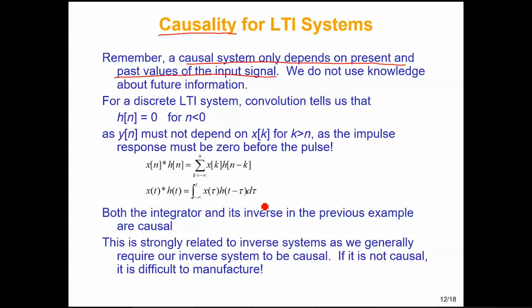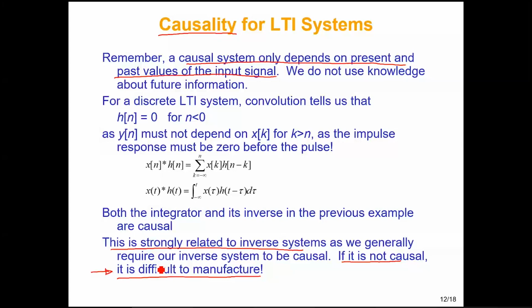If the inverse systems that we want are not causal, then we say it is difficult to manufacture. For that matter, if we are talking about physical systems, they cannot be manufactured.